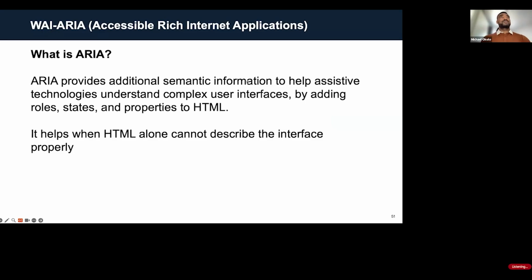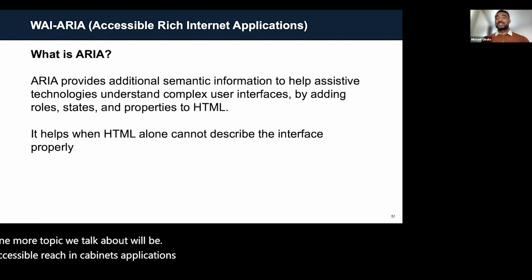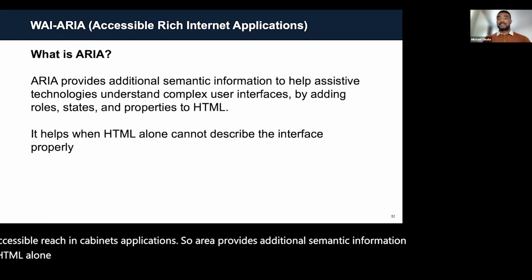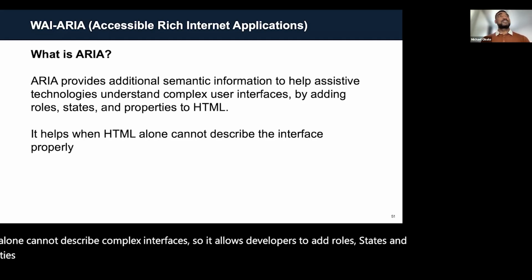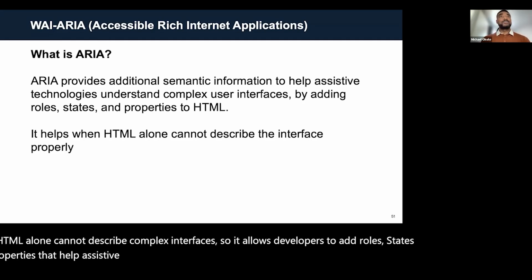Now one more topic we'll talk about will be ARIA, Accessible Rich Internet Applications. ARIA provides additional semantic information when HTML alone cannot describe complex interfaces. It allows developers to add roles, states, and properties that help assistive technologies understand UI components.